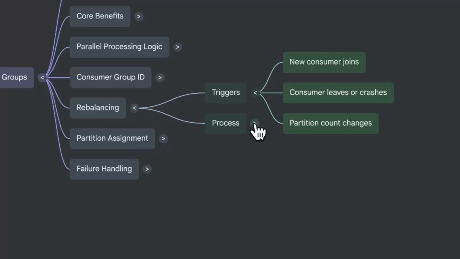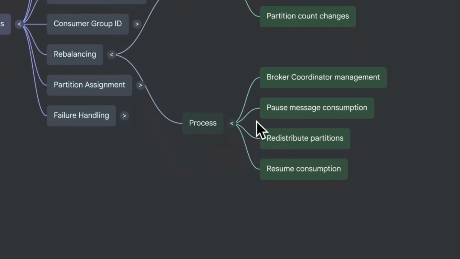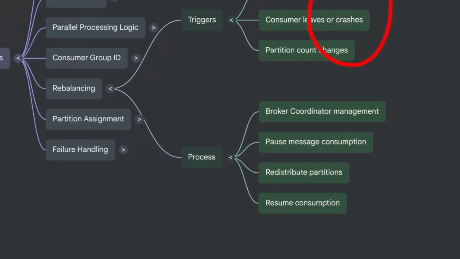Now let's look at the process followed by the Kafka broker to achieve this rebalancing. So the moment things change, one of these things happens. Kafka will pause the message consumption and redistribute the partitions.